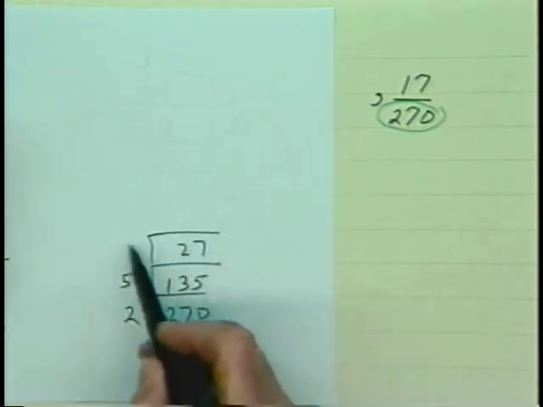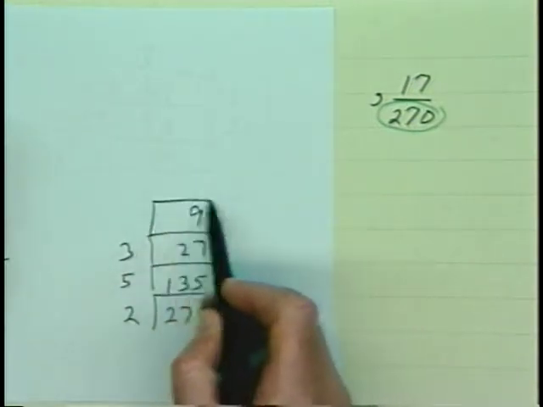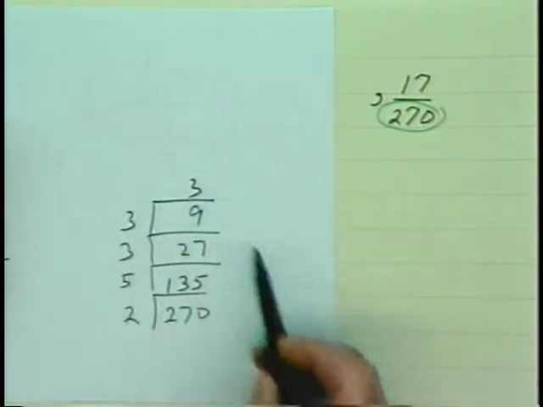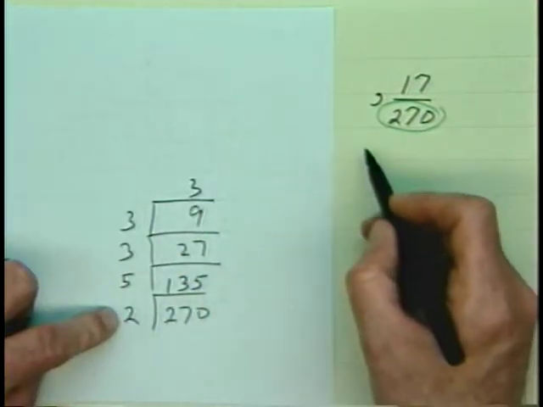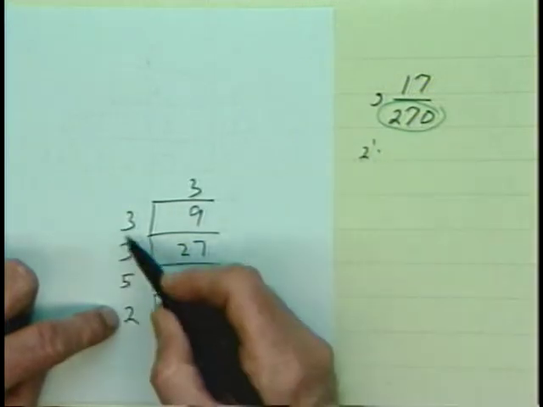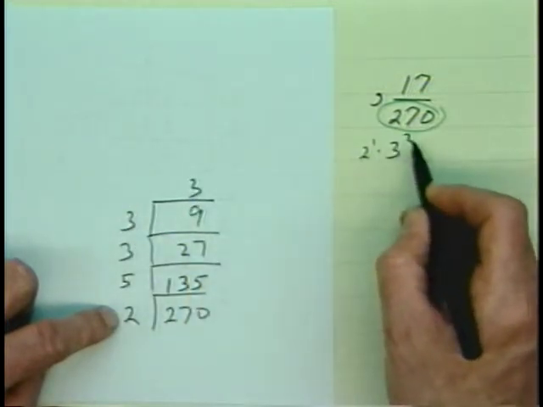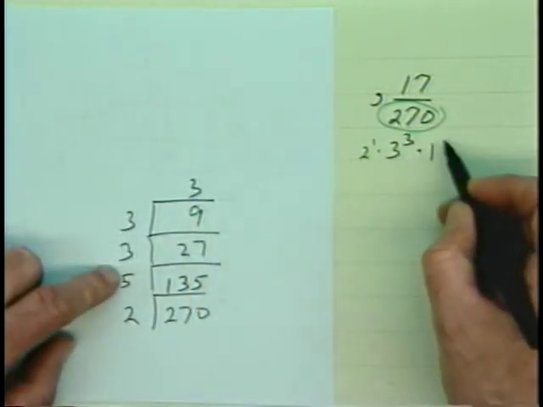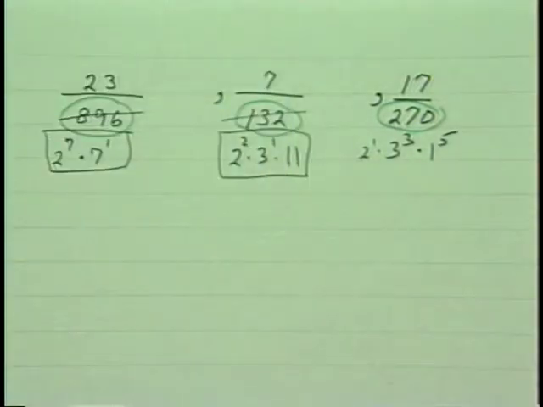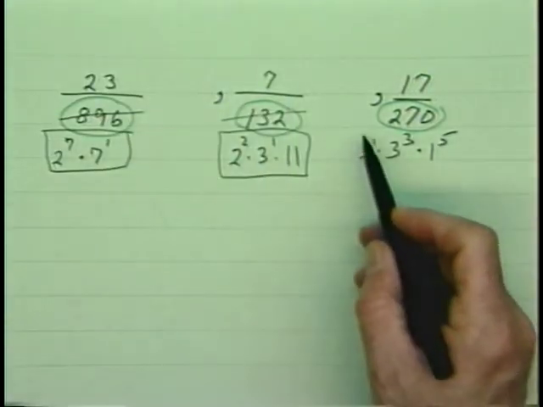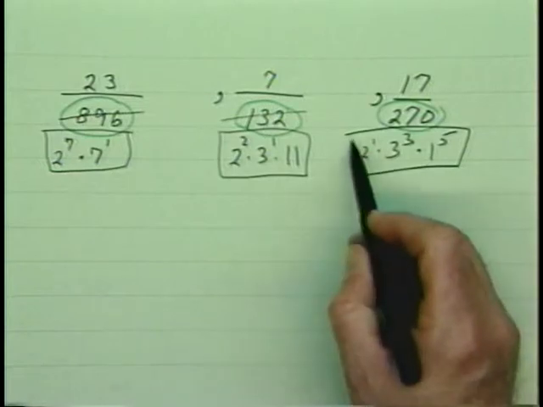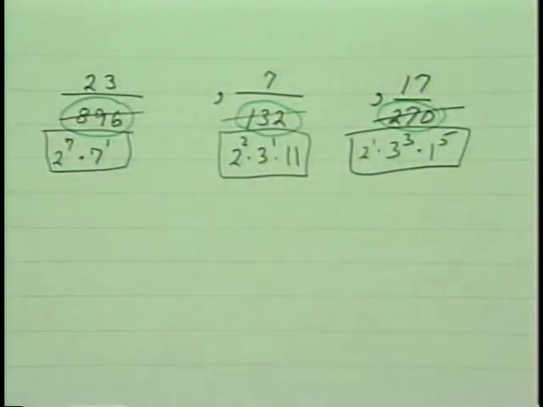And now we can see the 3's. But let's write them in order. I've got 1 2, 3 3's, and 1 5. And again, emphasizing the logic of what we're doing, this may replace this because they are the same.